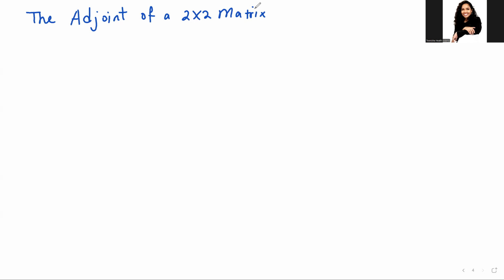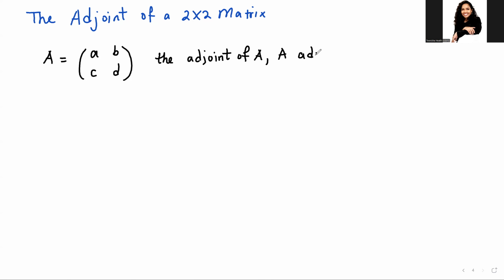The adjoint of a 2 by 2 matrix: say you have a matrix A equal to A, B, C, D. Then the adjoint of the matrix A, written as ADJ, short for adjoint, is found by simply swapping the leading diagonal, A and D. So D will come here and A will come here.